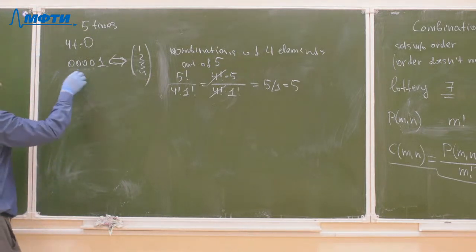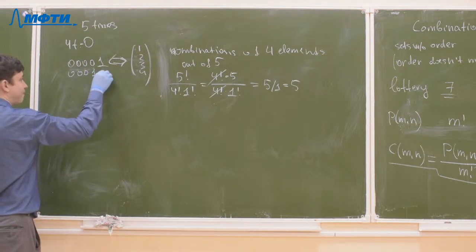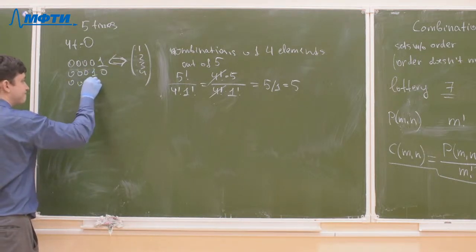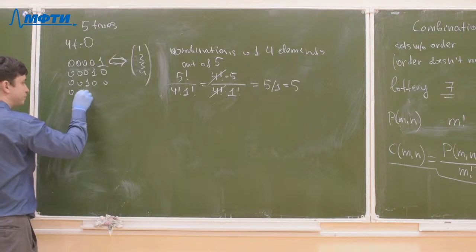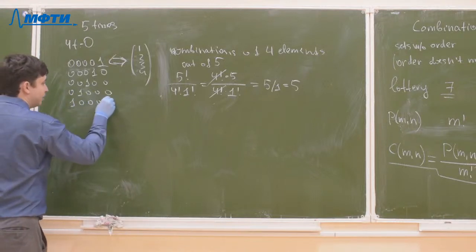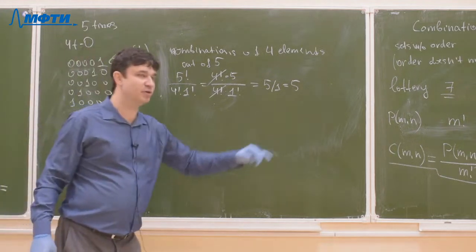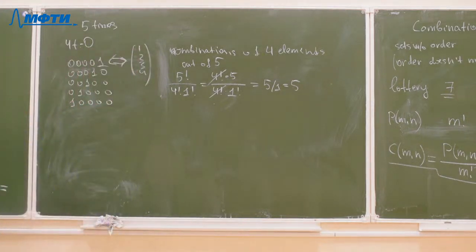I can even write all of them down. Of course, these problems are quite simple when the numbers are small, but when the numbers keep increasing, you would not be able to write all of the combinations, and you need to apply these formulas for calculations.